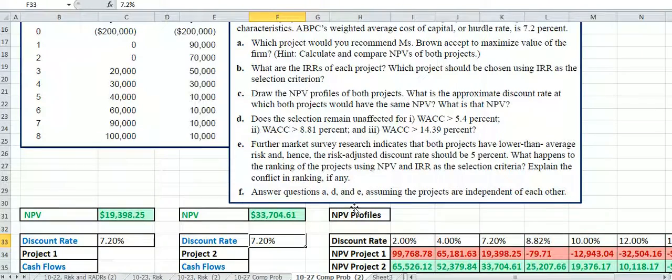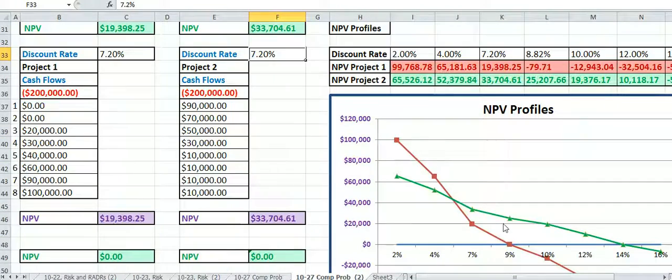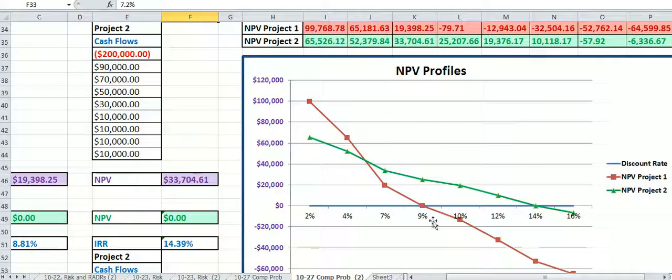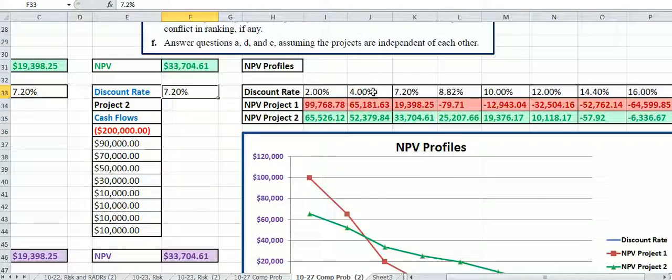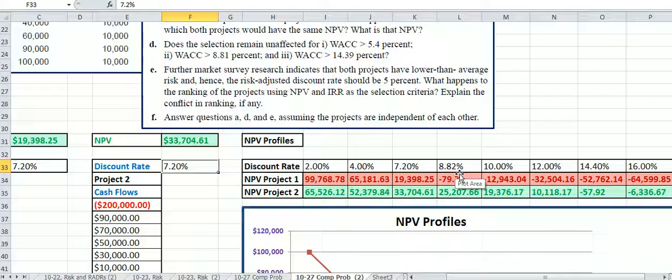Answer to question D is, does the selection remain unaffected? Well, the key here is you would do both of these projects as long as the net present value was positive. So you would do project 1 up to the point of the 8.81. Anything higher, you wouldn't do project 1, and then anything higher than 14.39 over here, you would not do project 2 because it would go negative.